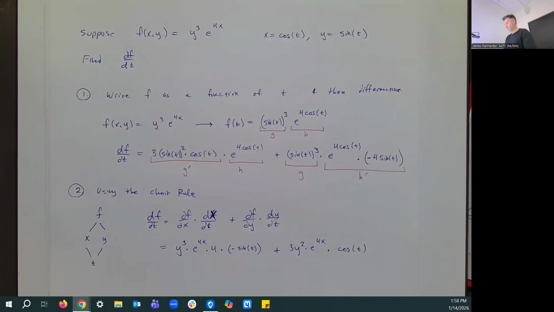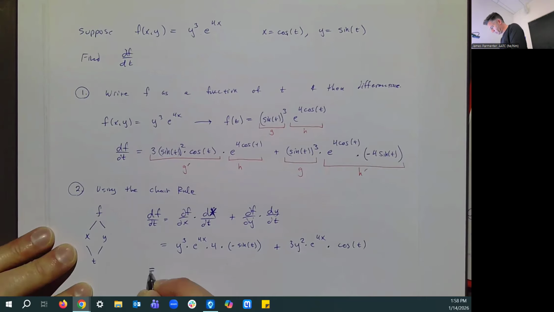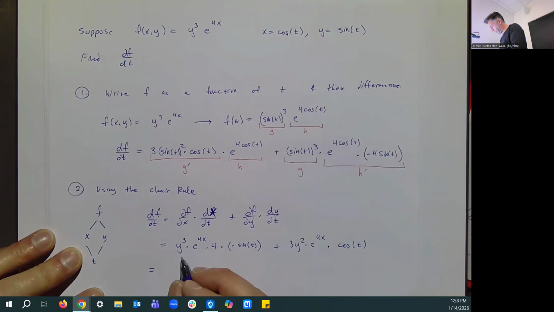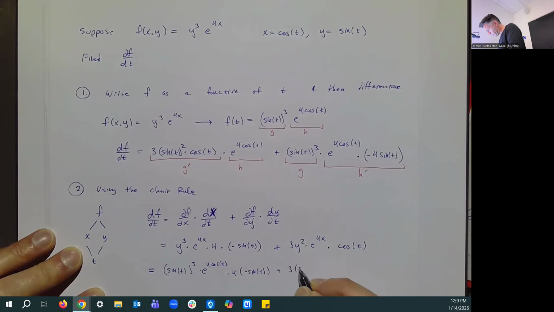Now, I will point out, technically not the same until we plug in what y and x are equal to. I don't really want to, but I will this one time, because I like you guys. So if we plug in sine for y and cosine for x, we get sine of t cubed times e to the 4 cosine of t times 4 times negative sine of t plus 3 times sine of t squared times e to the 4 cosine of t times cosine of t.